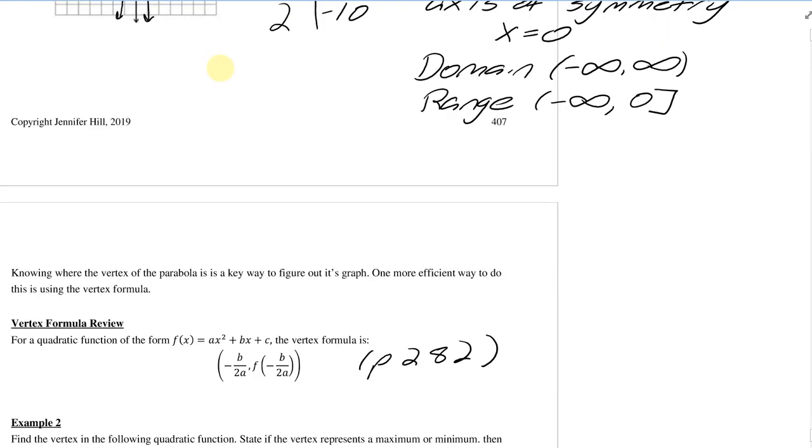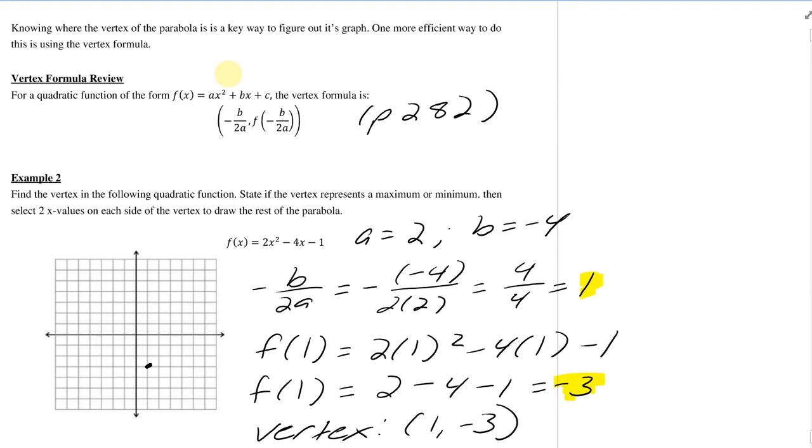I'm just doing a whole bunch of review right here. If you go back to page 282, we talked about the way that you can identify whether a parabola will open up or down. It has to do with the leading coefficient. If the leading coefficient is positive, then it will open up. So maybe I'll just note that here. If a is greater than 0, the parabola opens up.